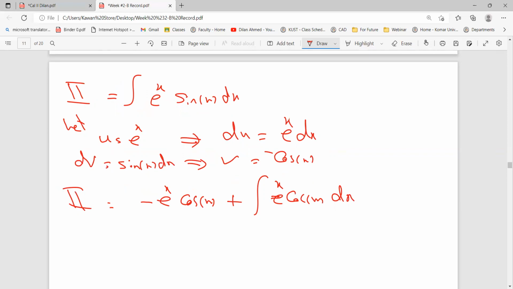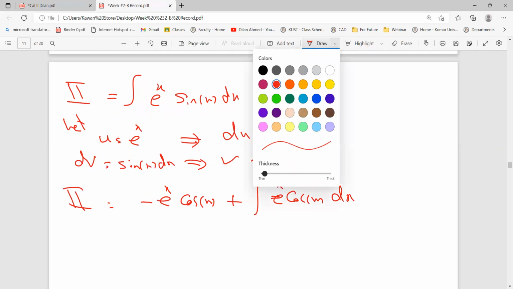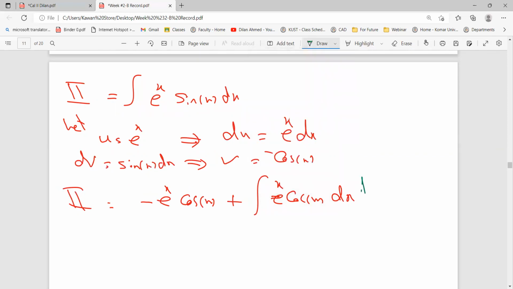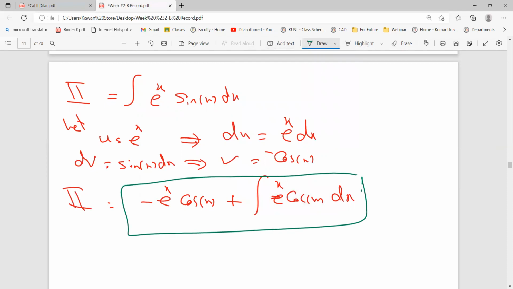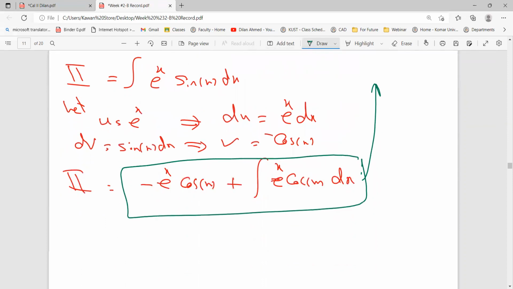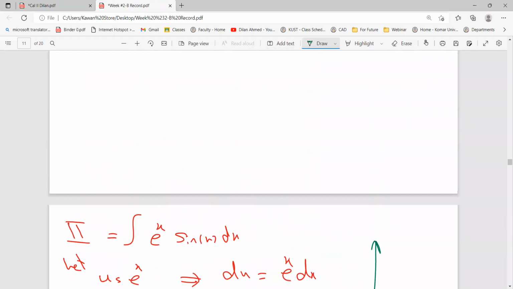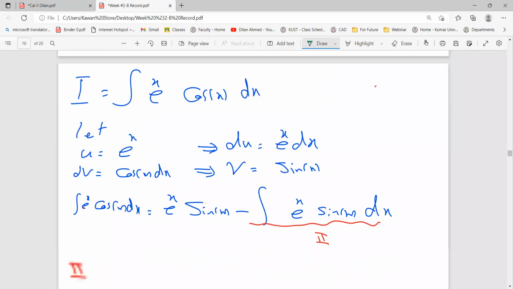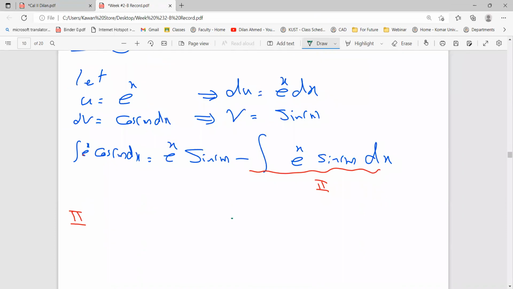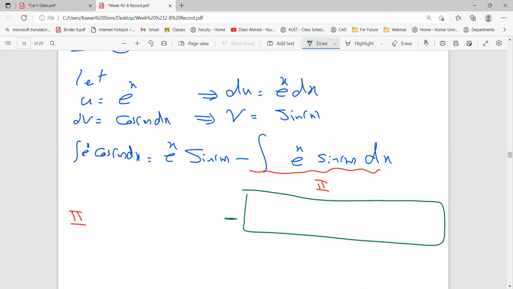So I'm going to put this result in that green box, to its place. It was minus e^x cosine x, minus e^x cosine x, okay, plus integral of e^x cosine x dx.